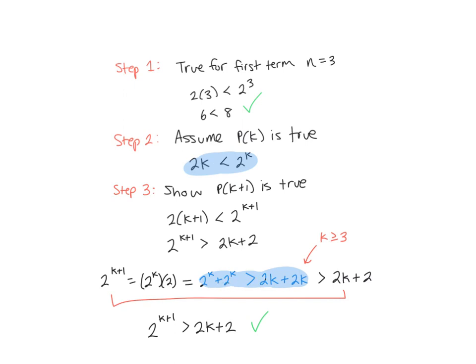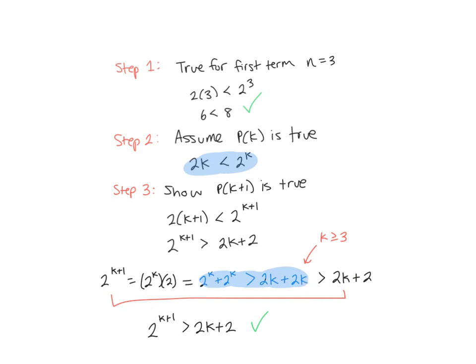Now here's where that assumption statement comes into play. We know that 2 to the power of k is larger than 2 times k. So that means we can make the statement that 2 to the power of k plus 2 to the power of k must also be larger than 2k plus 2k. So again, this comes from our assumption statement.